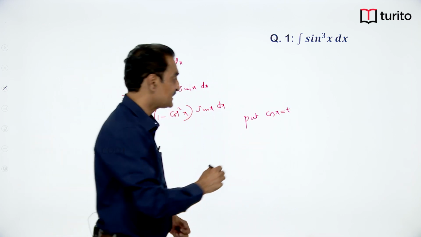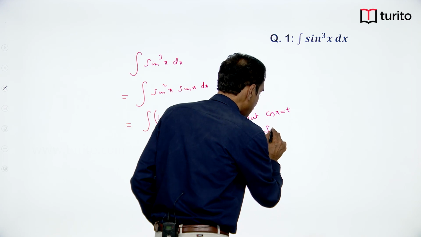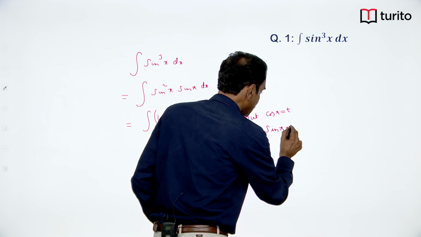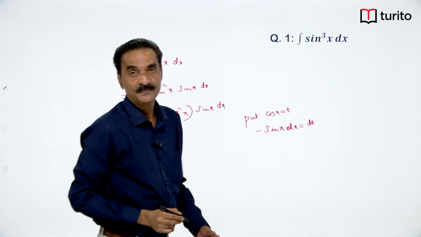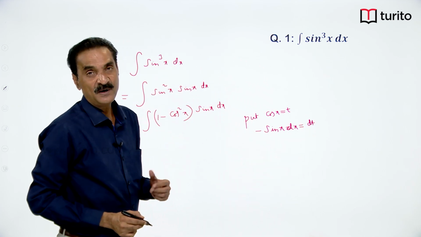Derivative of cos x is minus sin x dx, which is equal to dt. Then sin x dx will be minus dt.